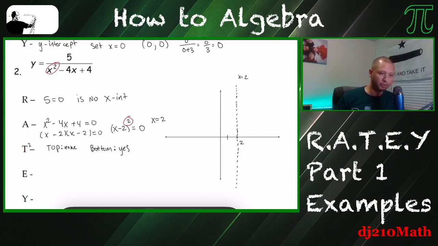Then you can see if there are any repeating roots, basically. So this yes is telling me something very specific. This is saying that at the vertical asymptote, the branches will come together.